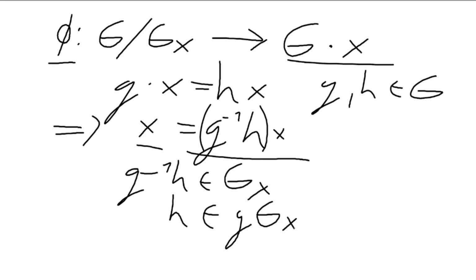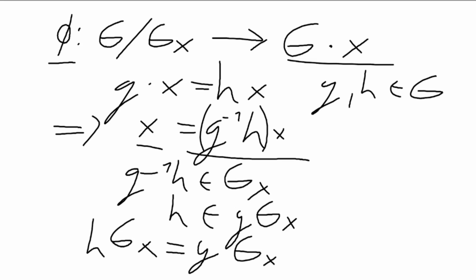And what I can also say is that basically h as a coset, the h left coset of stabilizer x, equals the g left coset of stabilizer x. So g and h have the same image here. And by that I basically prove injectivity. And with this, we can conclude that this mapping is bijective.